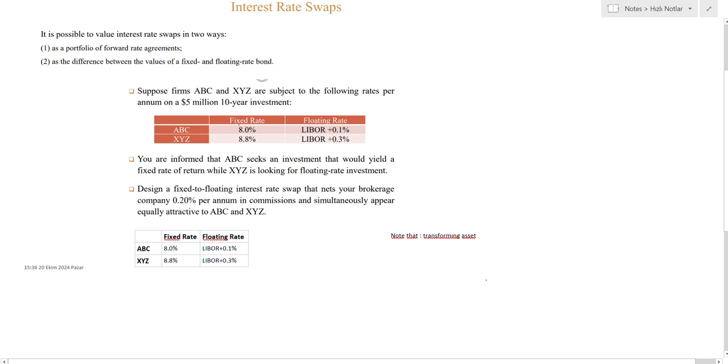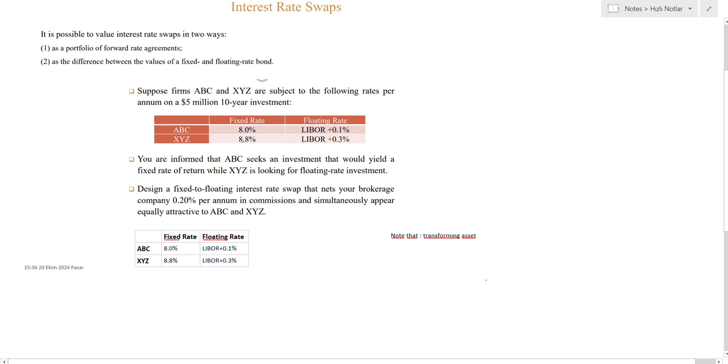So ABC firm, if it takes the fixed rate interest, then it can gain 8%. If the floating rate, LIBOR plus 0.1% interest rate that firm ABC can gain for its $5 million under the 10-year investment period.